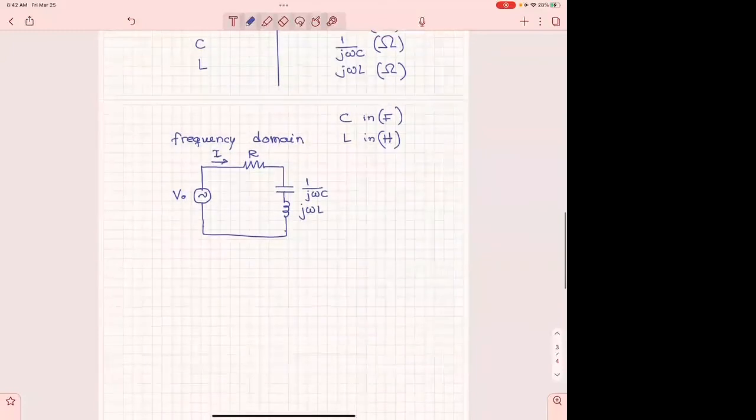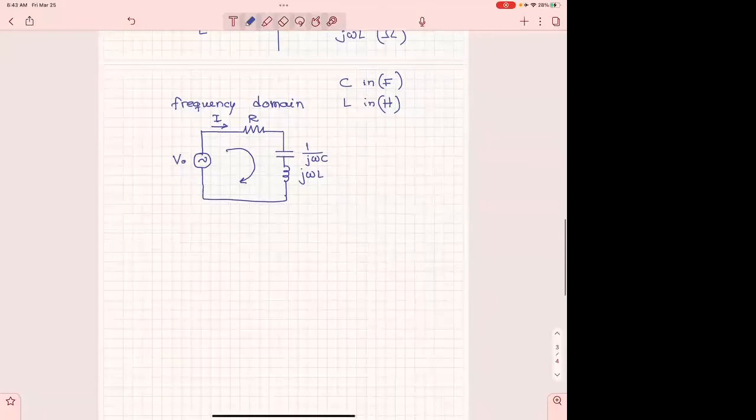And therefore, if I apply Kirchhoff's law in this one, here is what I would have.